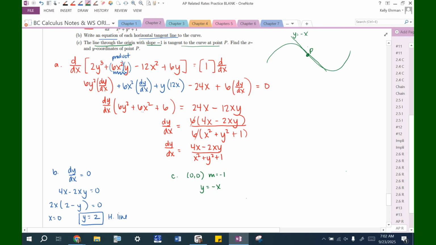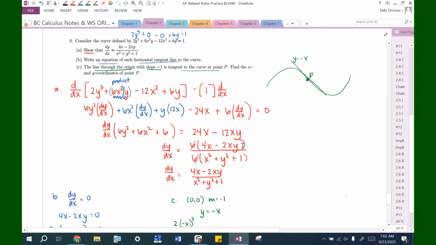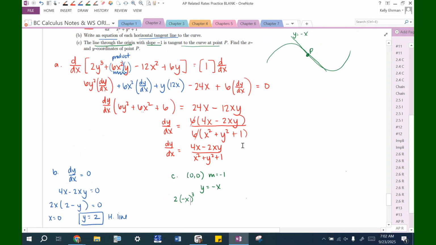When I'm trying to figure out the point, I can use substitution here to solve for either x or y. I think it would be easier, because this is y equals -x, to go ahead and, instead of having 2y cubed, plug in the -x to the third. Oh, I have the equation right here, so I don't keep scrolling.